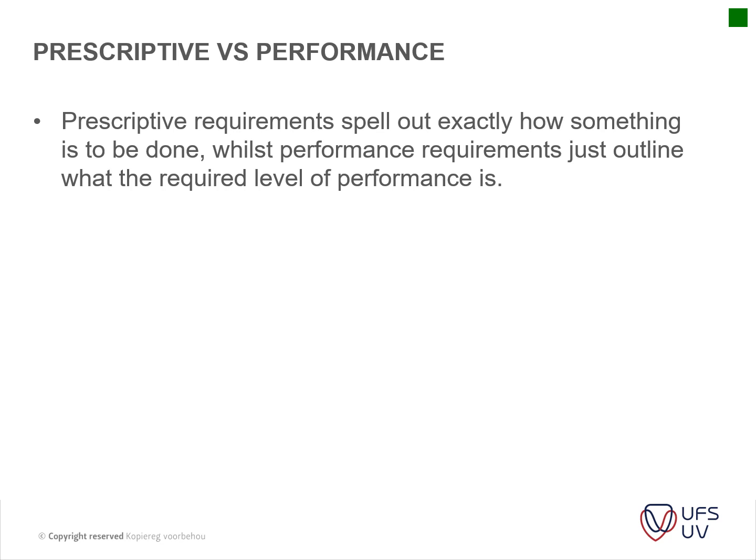It should perform, for instance, you would have a performance specification stating that this specific unit should provide this amount of energy. For instance, if you look at a solar installation, it should provide this amount of kilowatt output per day, and it should have a storage capacity of X amount with a lifespan of, for instance, 10 to 15 years, and that would be a performance requirement, whereas prescriptive requirements would spell out more.